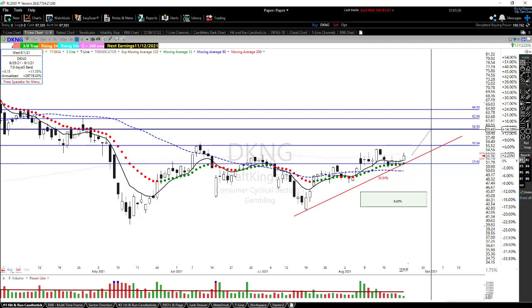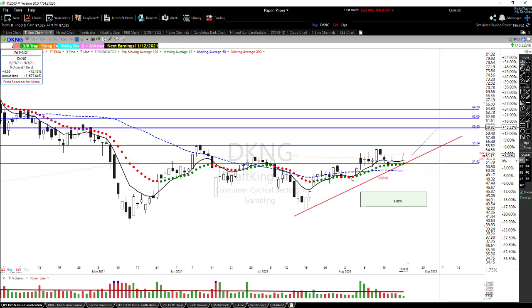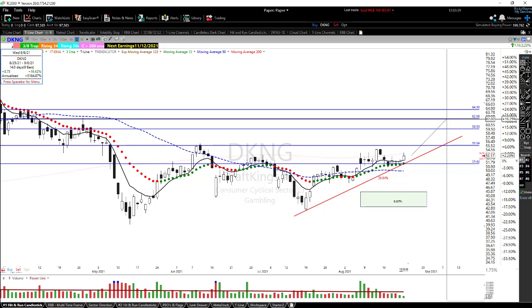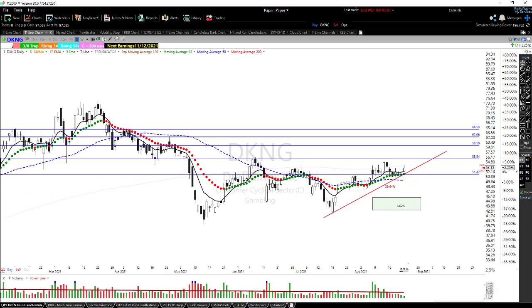And then I'm looking for 11.5% reward, and then possibly 16.5%. So we're way above 3 to 1. Way above 3 to 1. All righty? Make sense? And I hope that helps.